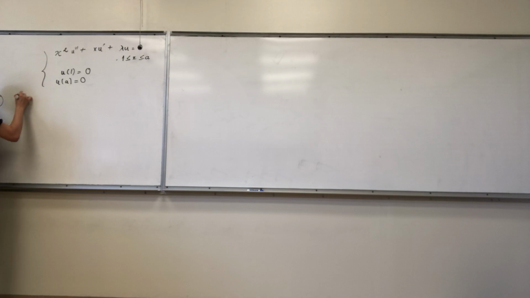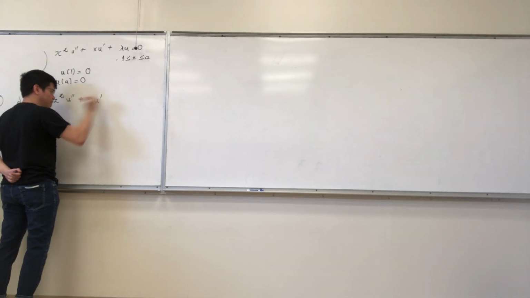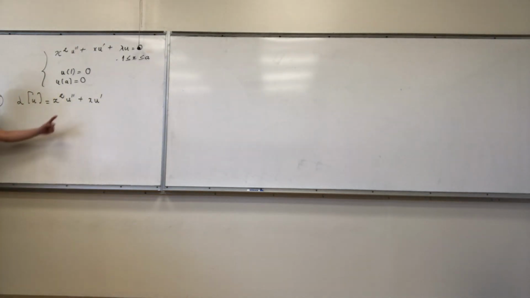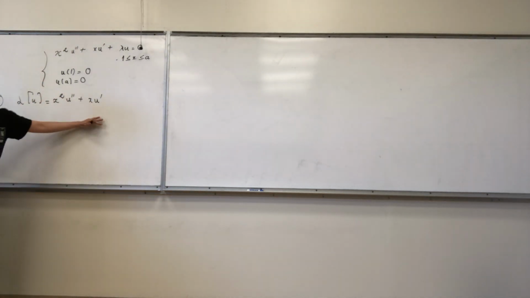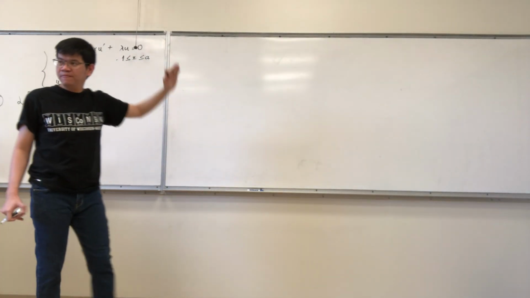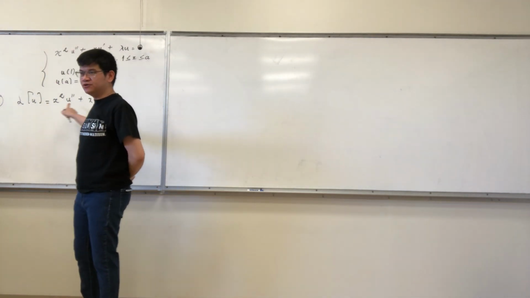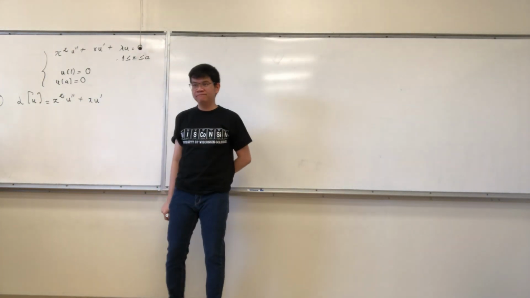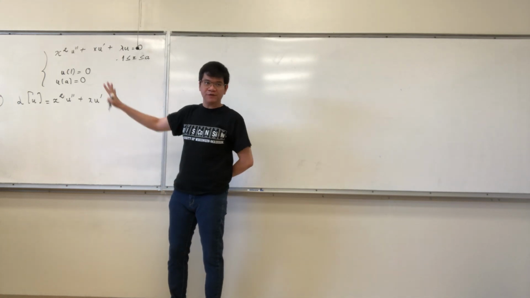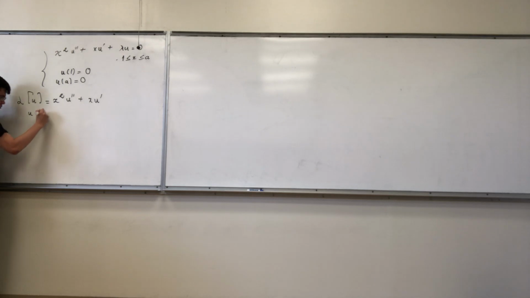If you consider this operator, L u is x squared u double prime plus x u prime. The operator is the one that involves u and not the lambda. In this case, the operator is x squared u double prime plus x u prime, right? Now, when you talk about an operator, you need the boundary condition, right?